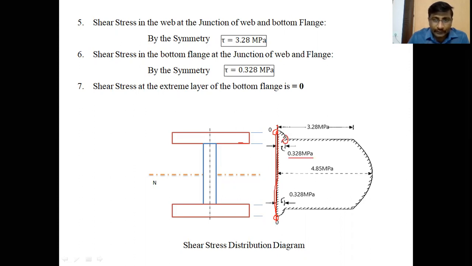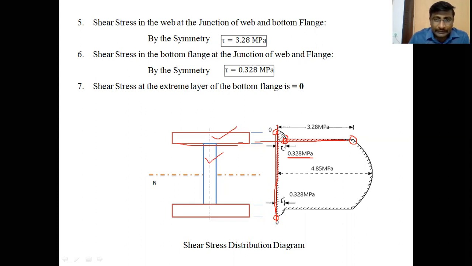So on the line drawn from the junction, you should locate the point at 0.328 megapascals. It is in the flange. And for the shear stress in the web at the same junction, on the same horizontal line, you should locate the point at 3.28 megapascals from the vertical line.